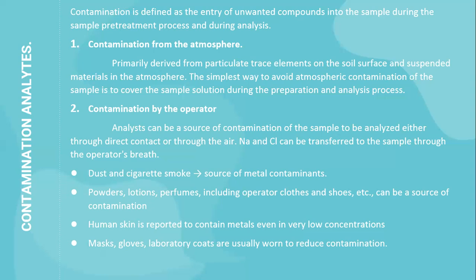This and cigarette smoke are a source of metal contamination. And then powder, lotion, perfume, including operator clothes and shoes, and etc. can be sources of contamination. Human skin is reported to contain metal even in very low concentration. Masks, gloves and laboratory coats are usually worn to reduce contamination.